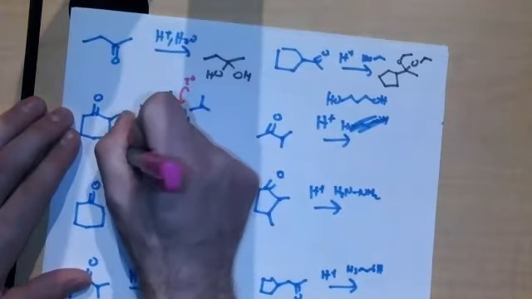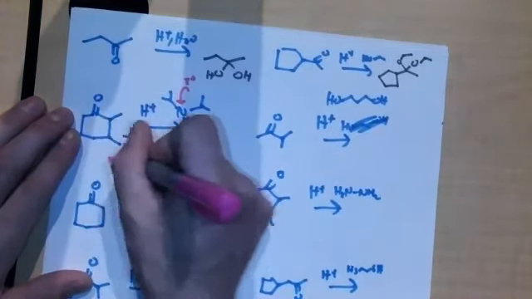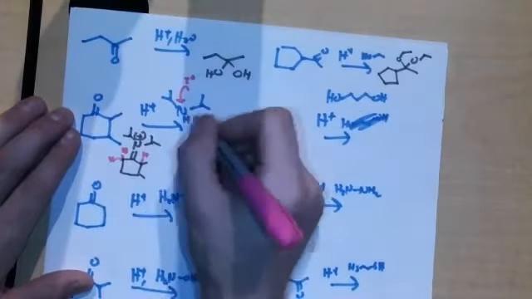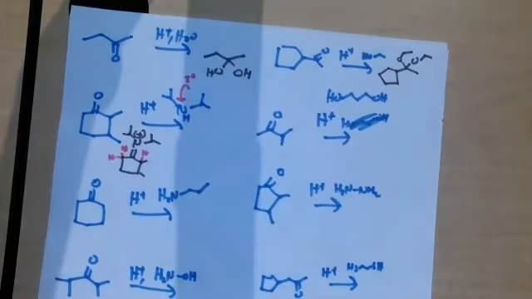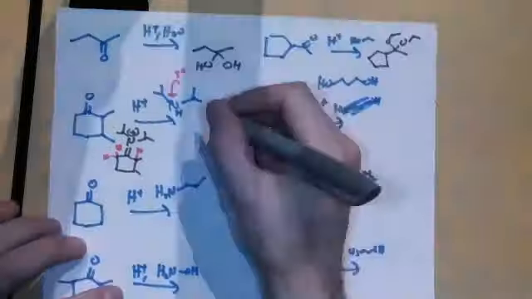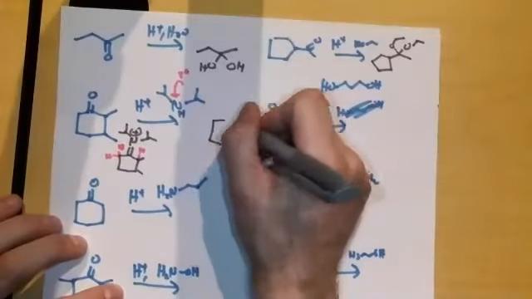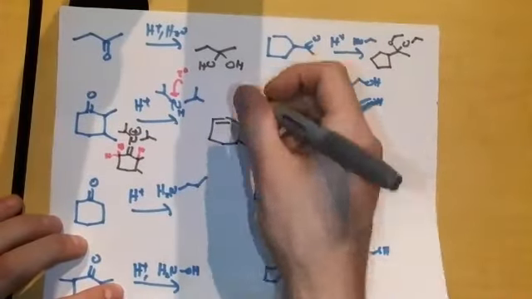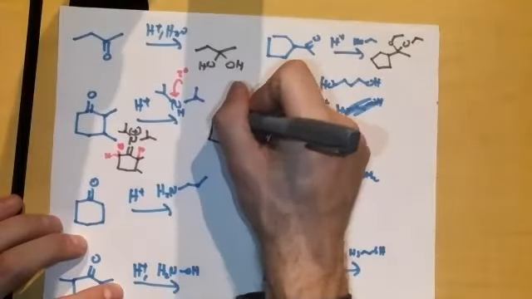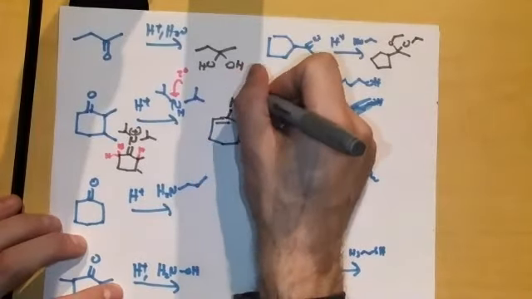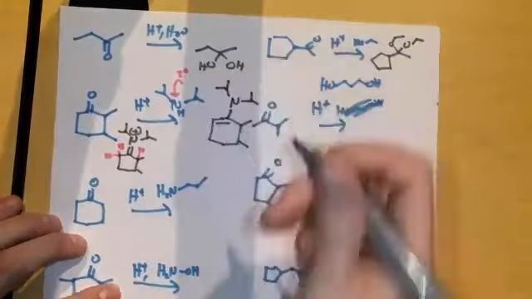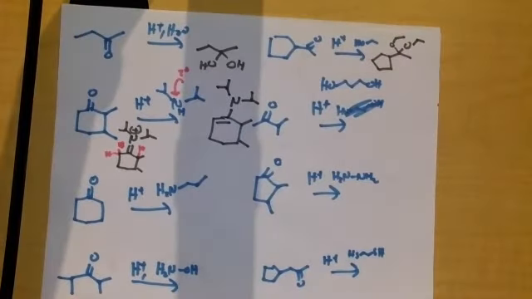One of them is tertiary, one of them secondary. This is a large base, so it's going to favor the secondary position. We're going to end up with our enamine, where a double bond is on the left side here, giving us this product.